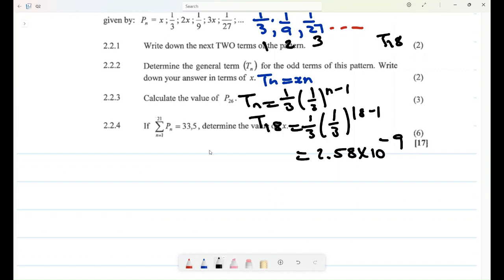So let's move on to 2.2.4. It is a sigma now. Many people struggle with sigma, and I understand maybe why. Maybe it's because your teacher is not necessarily teaching you how to understand this clearly, or you are having difficulties thereof.